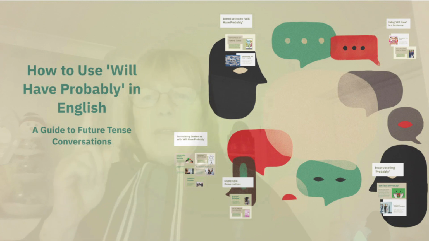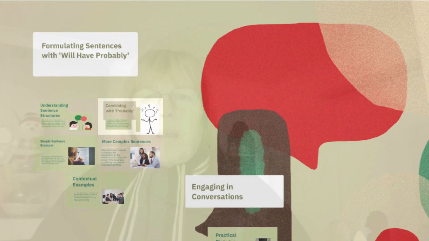And then you need to understand the use of the word probably. So if you've reached this part of the video and you think you know those two ideas, you're ready to start practicing putting them together. So think about sentences when you say will have probably.